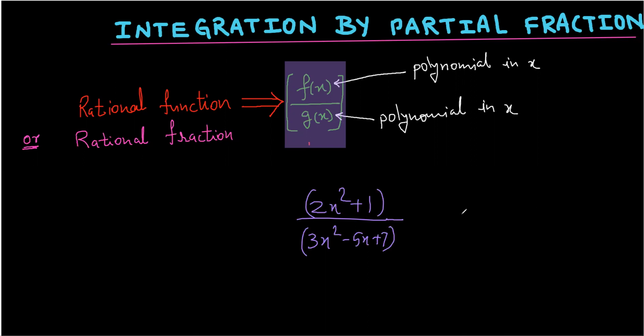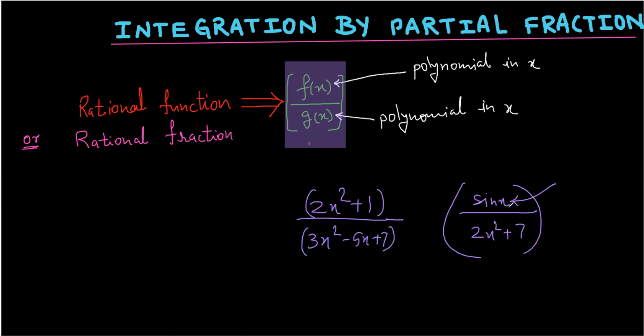Okay. But f of x and g of x both are polynomial in x. See the way I have written, you cannot have something like sine x upon 2x square plus 7. No, not like this. Why? Because now the numerator is not a polynomial in x, it's a trigonometric function.